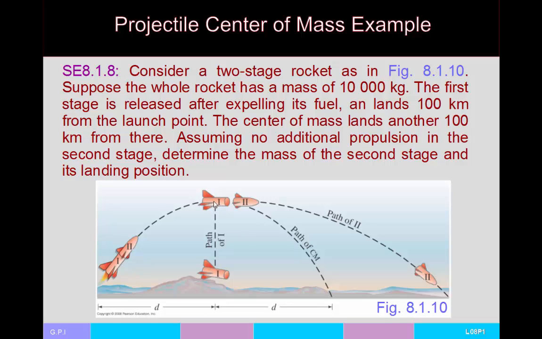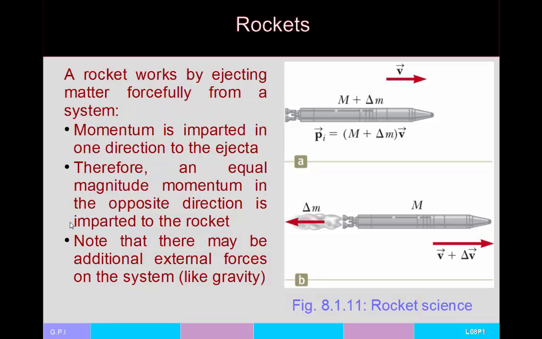Or they should have, if this one goes to 0 speed, then this one's speed should double. And since this is at the apex, the entire velocity is in the x direction. So that means that this one will end up going an additional distance d away, and so the total distance should be 300 kilometers from where this thing was launched.